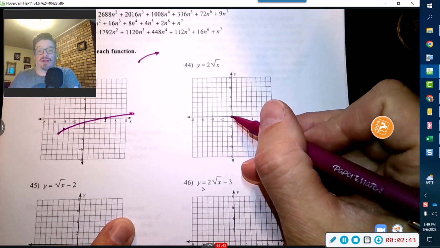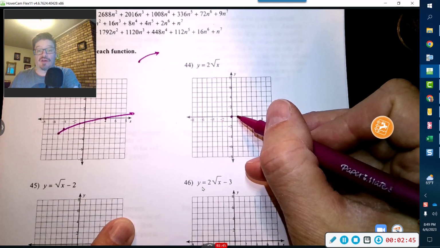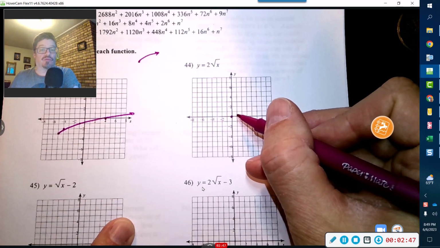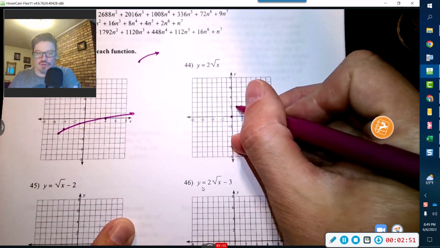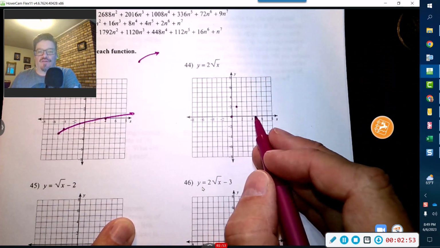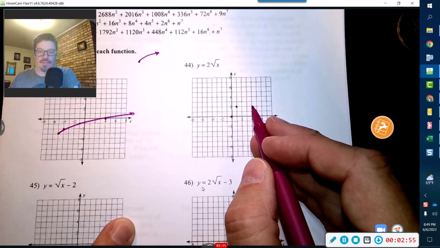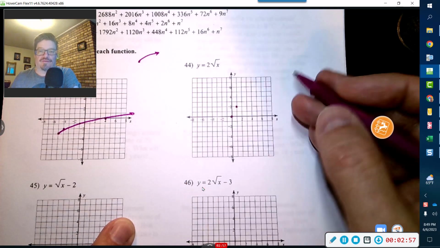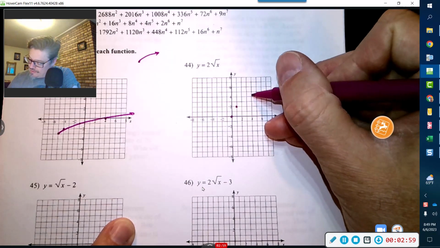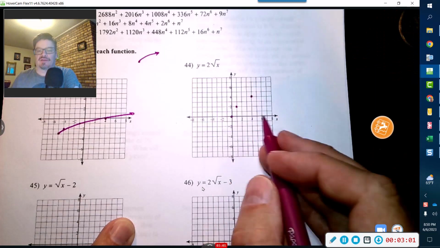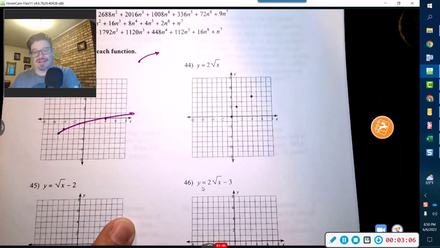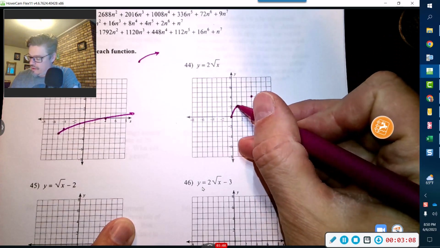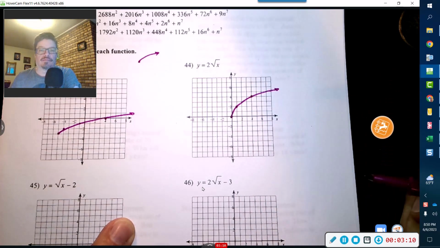Normally when I move over 1, I'd go up 1, but my output is now doubled, so I double 1, and that would be an output of 2. If I moved over 4, it should be 2, but because I've got the multiplier of 2, that distance is now going to double. The next one would be 9, radical 3. We double that to 6, but that's going to take us off the charts, so we're just going to draw that.